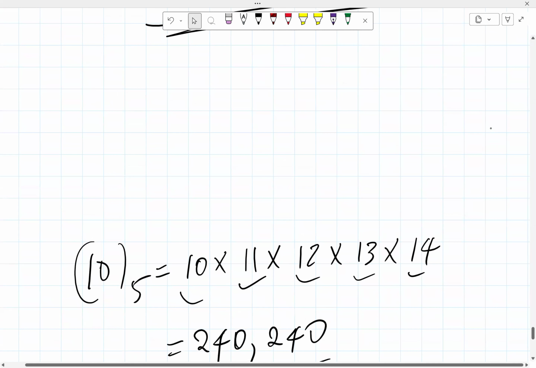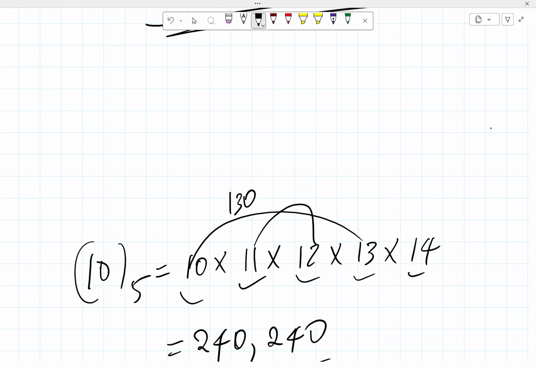Let me see the ones that are easy to multiply. Okay. Of course, 10 times 13 is 130. Then 11 times 12 is 132. Okay. And this is now 14 here.